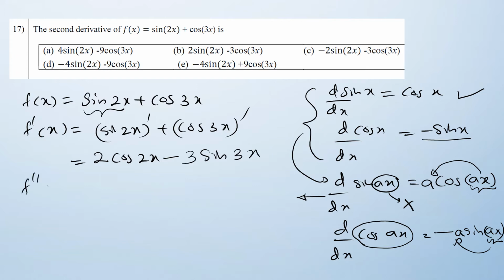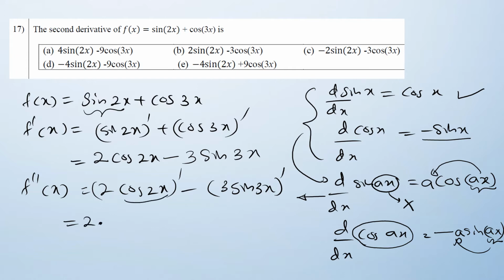Again, when you find the second derivative, you have to find the derivative of these two terms again. 2 is a constant, and the derivative of cos 2x is minus sin 2x multiplied by its derivative. Then we have minus 3 as a constant.